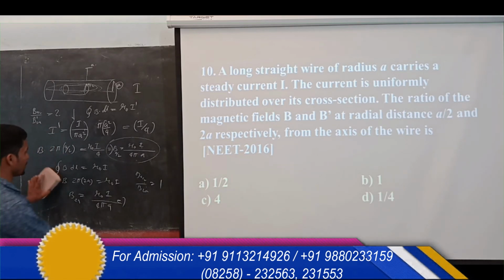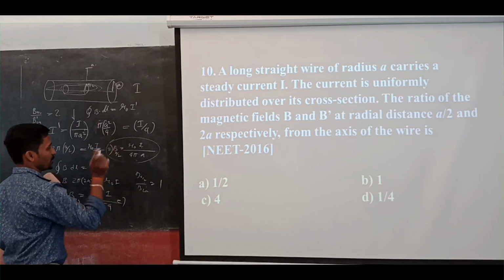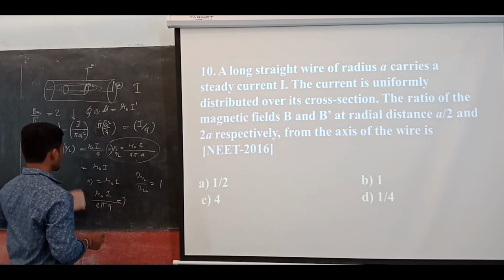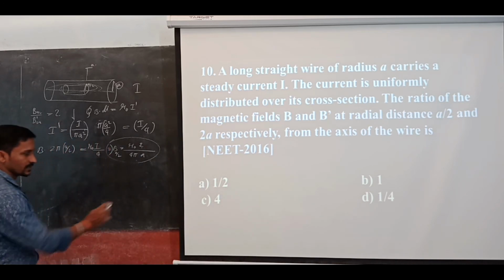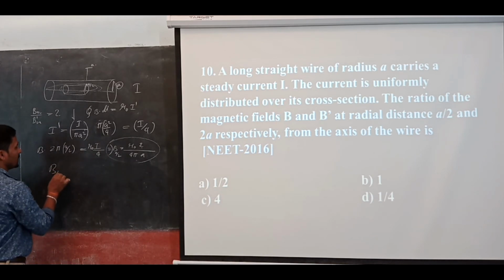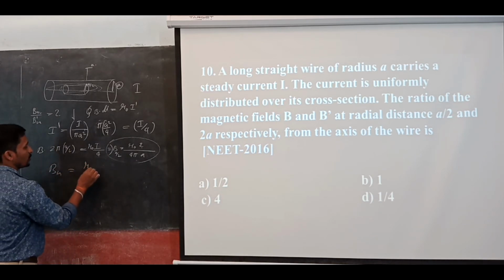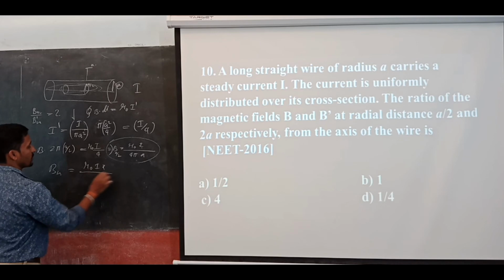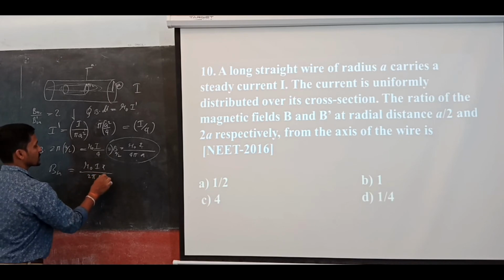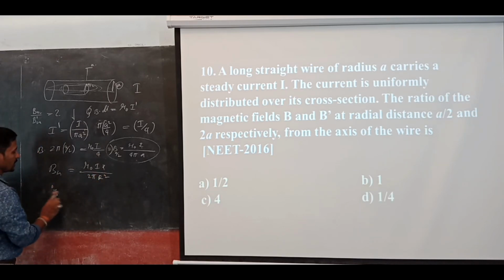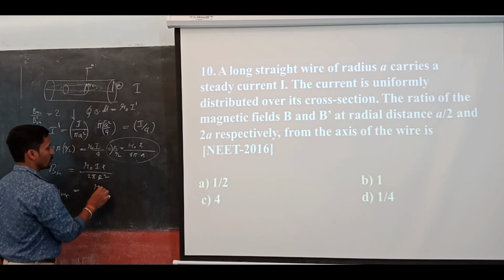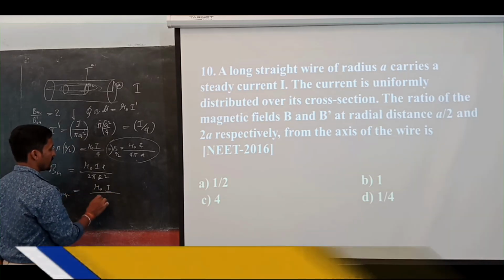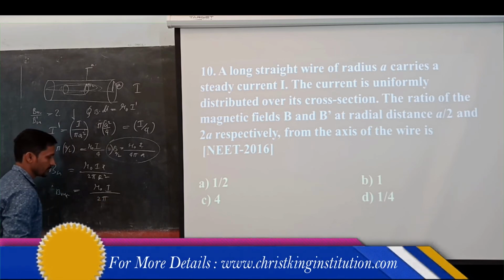But what did I say? Directly, no need to apply again for all those things, no need to apply this Ampere circuit rule. You have to apply which formula? That is nothing but B inside, which is equal to mu naught into I into x divided by 2 pi r square, and B outside, which is equal to mu naught into I divided by 2 pi x, isn't it?